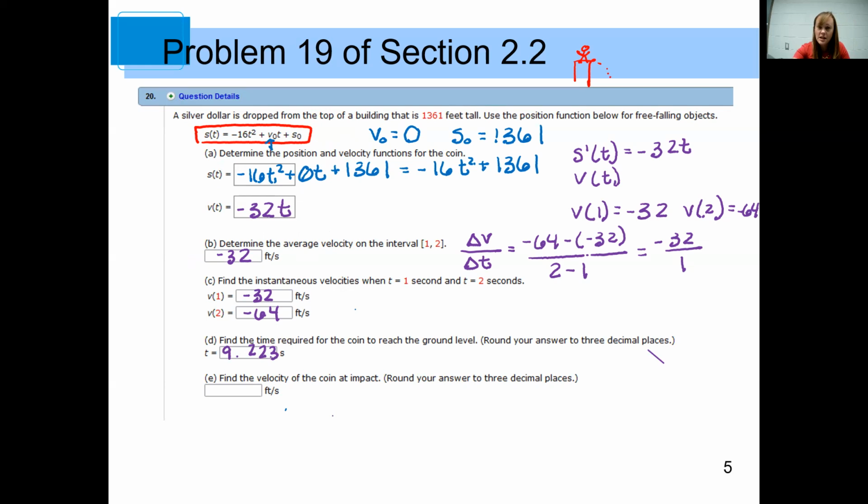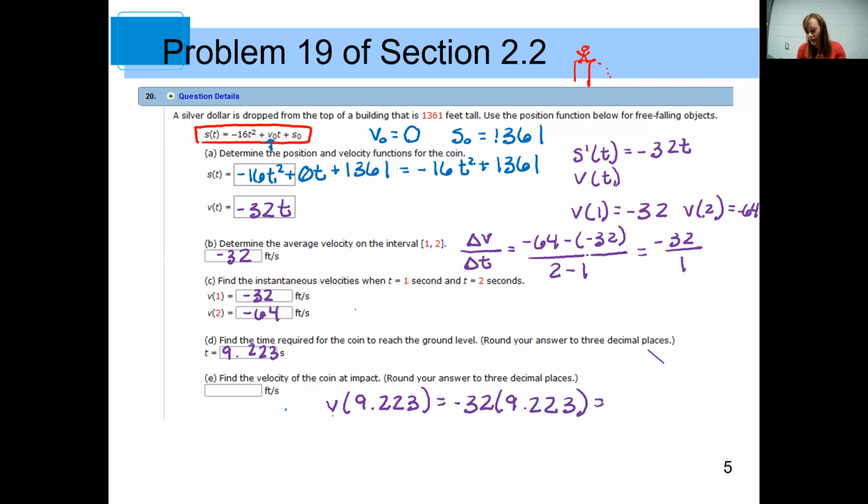Find the velocity of the coin at impact. So we know the time it takes to impact the ground. What's the velocity at that point? We can just evaluate v of 9.223. In other words, negative 32 times 9.223.